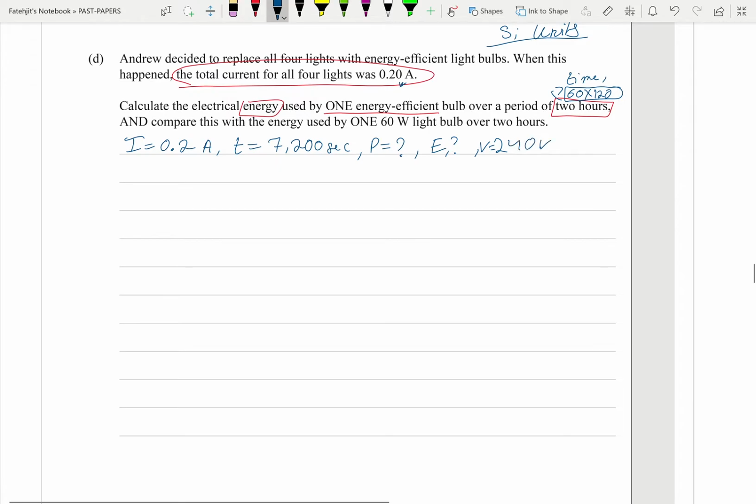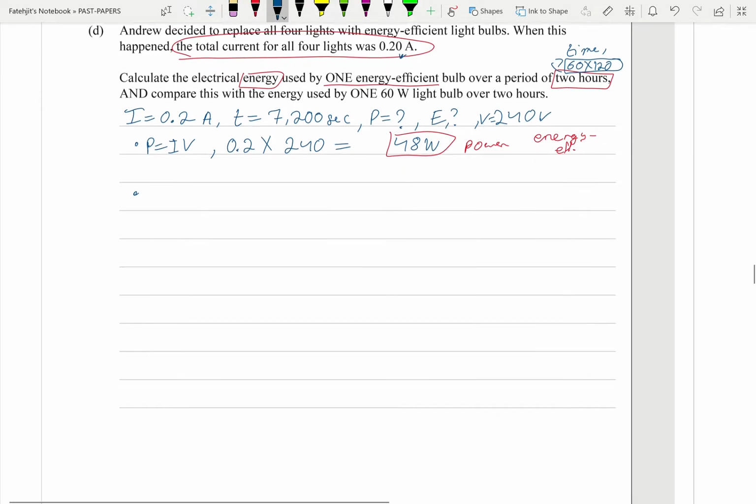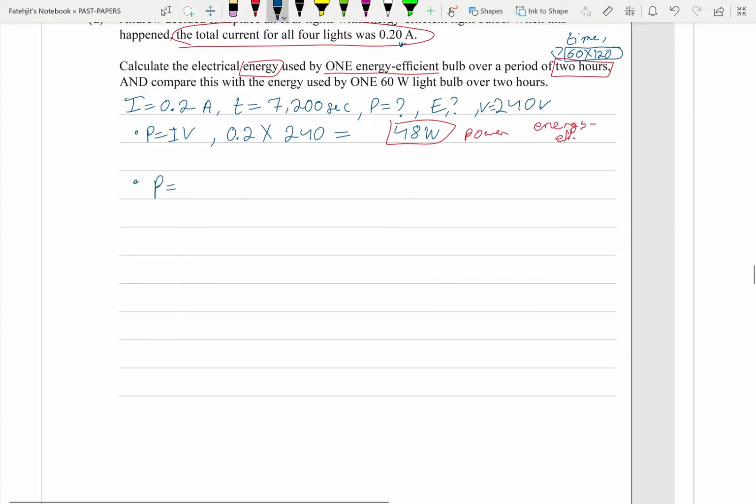Looking at your formula sheet, the first equation that comes to mind is P equals IV. Therefore, for power, 0.2 times 240 equals 48 watts. That is the power for the energy efficient bulb.